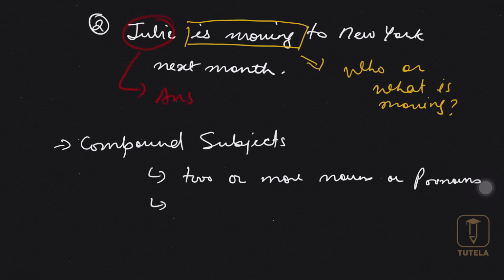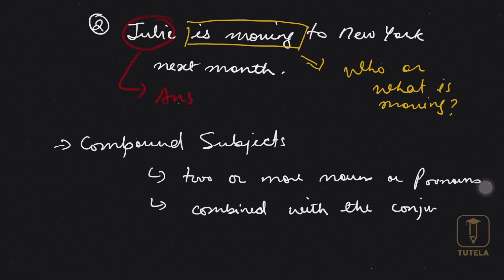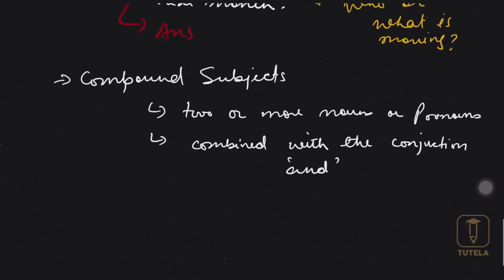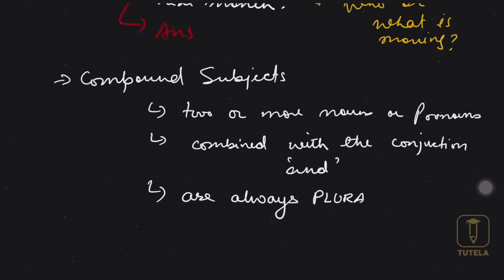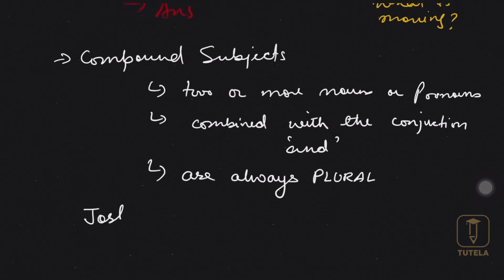And these nouns or pronouns are combined with the conjunction and. In such a case, compound subjects are always plural. Let's take an example.